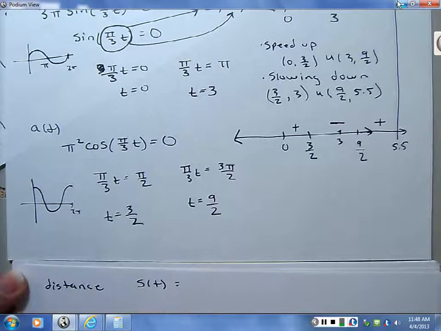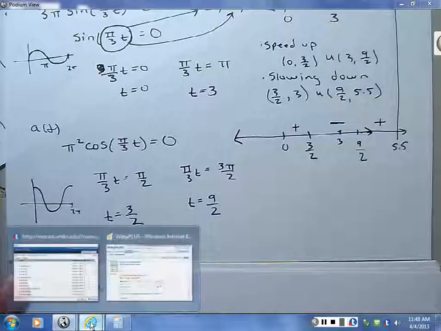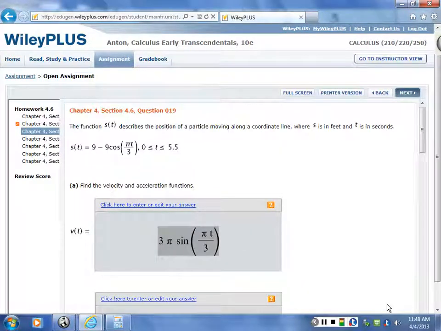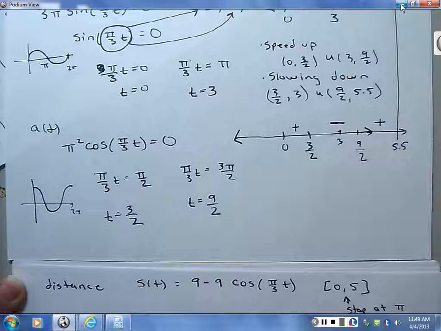What was the position function? Since I didn't write a lot of these down. 9 minus 9 cosine of pi over 3 t from 0 to 5, but I have to stop at pi. Oh, 5.5. Oh, no, that's fine. That's 0 to 5.